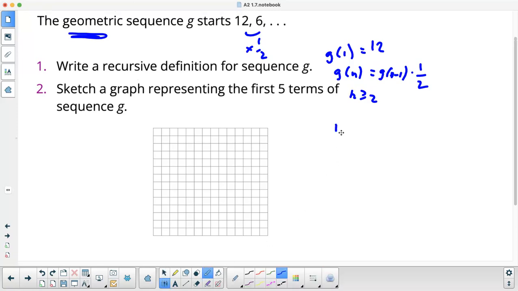So first term, second term, third term, fourth term, fifth term. This is n. This is g of n. So we said it was 12, 6. If we times it by 1/2, that'll be 3, 1.5, and then 0.75. So from 1, 2, 3, 4, 5. I have to go all the way up to 12. So probably just count by ones. I'll skip every other one so I don't have to write as much.